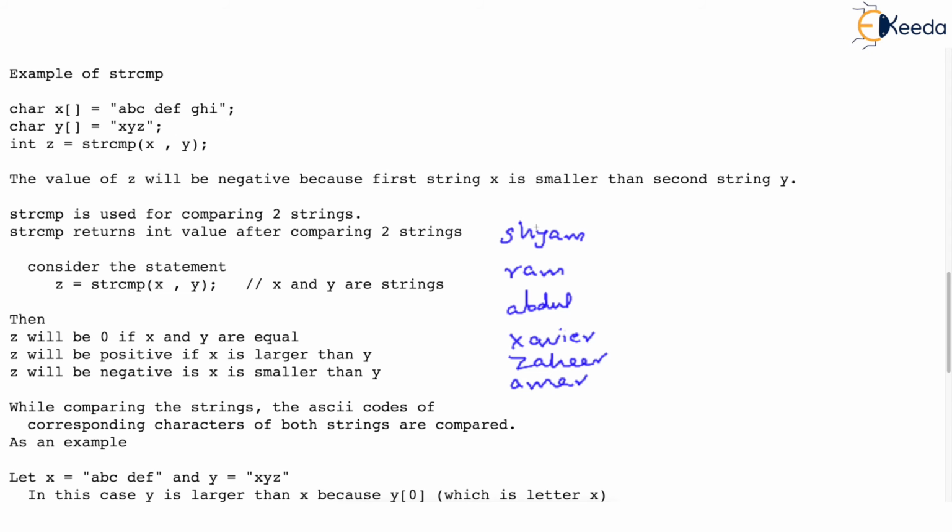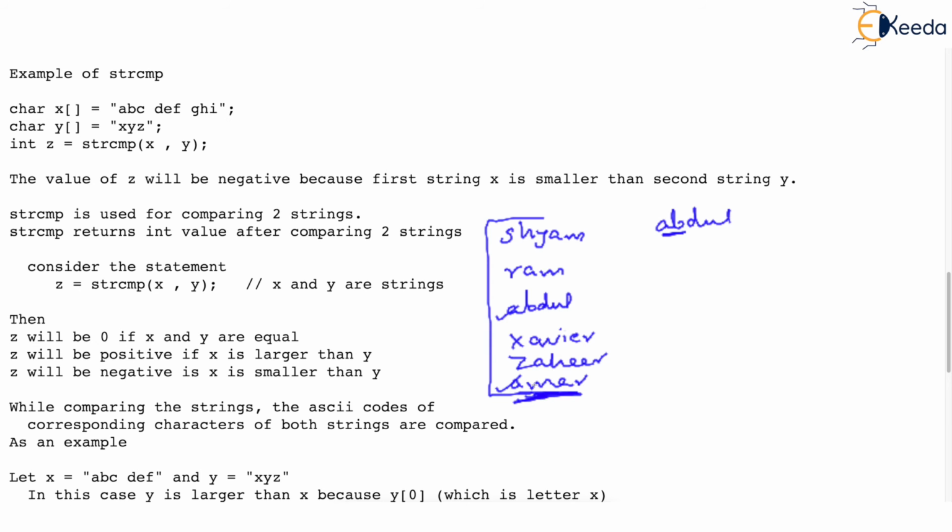And I ask you to arrange these names alphabetically. Now you see, there are two names beginning with A. Which name is smaller? Come on. You will say Amar is smaller because it contains fewer letters. No. Abdul is smaller because Abdul begins with AB and Amar begins with AM.